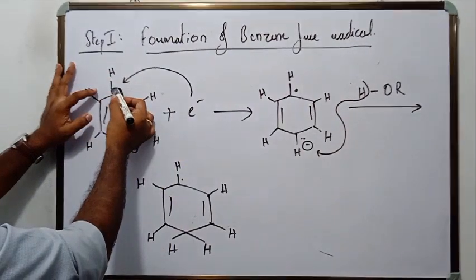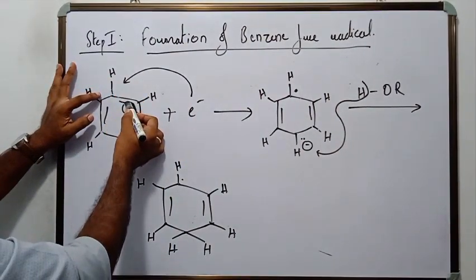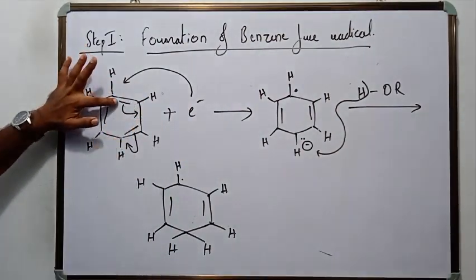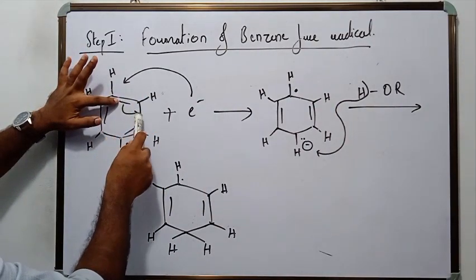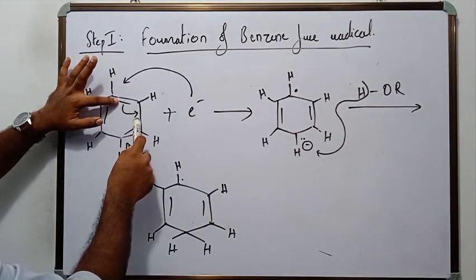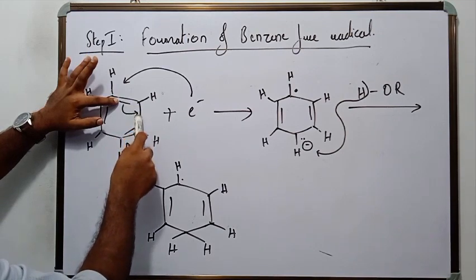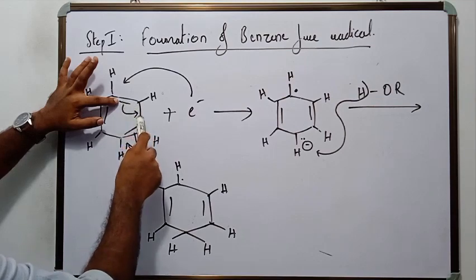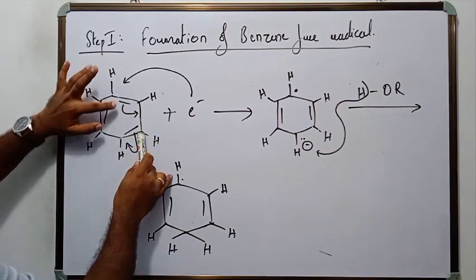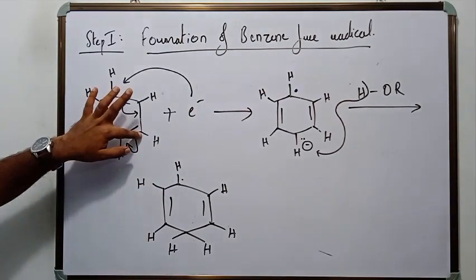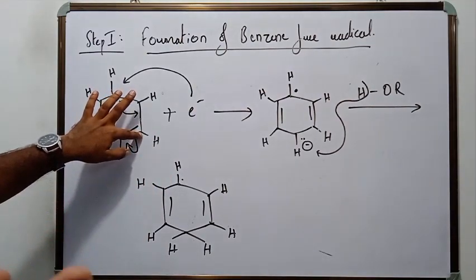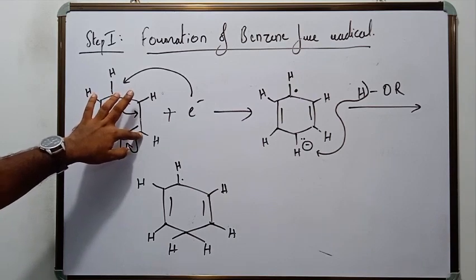See, if it attacks this position, this electron pair will face repulsion and it will come to the adjacent carbon-carbon single bond. So it comes here. When this pair comes here, what is the maximum number of electrons that a carbon can hold in its orbital? Yes, you are right. In its second shell, it can hold 8 electrons.